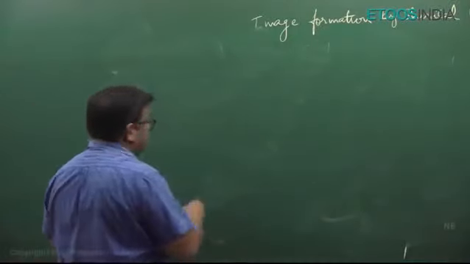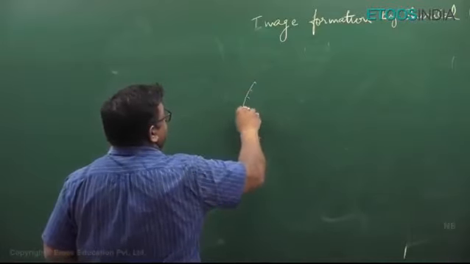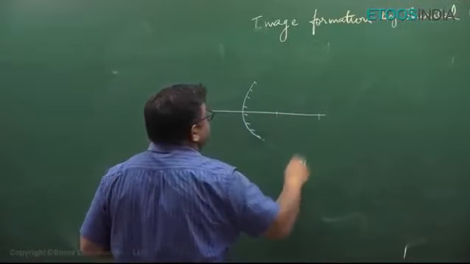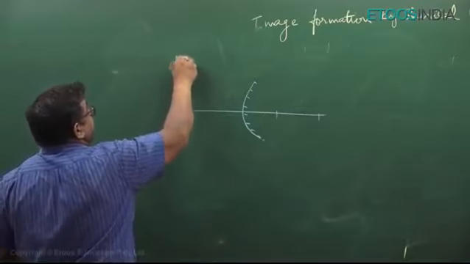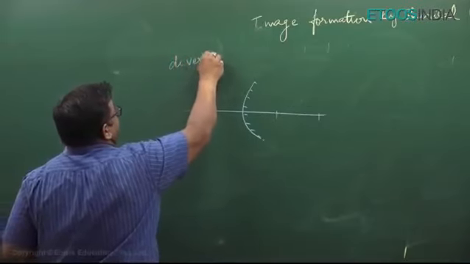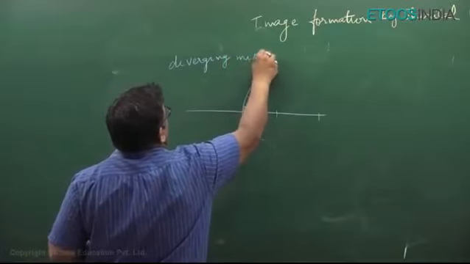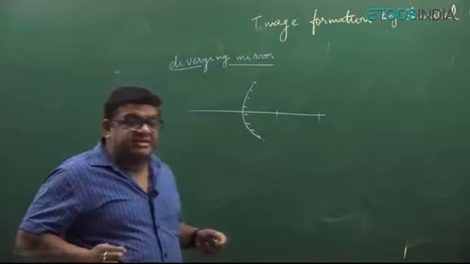See, we know that convex mirror is also known as diverging mirror. Why do we call it diverging mirror? Because it diverges the light.